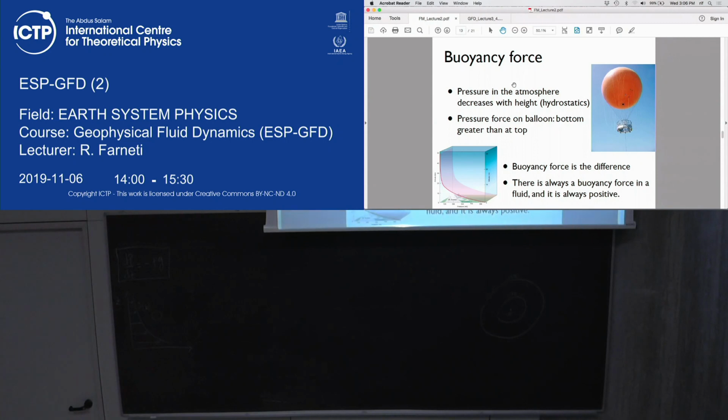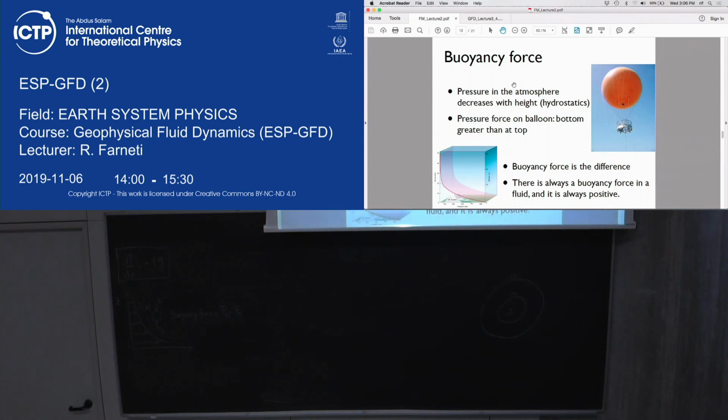And what is buoyancy force? The buoyancy force is the difference between the pressure here and the pressure there. The pressure at the bottom is greater than the pressure at the top, so that the buoyancy force is going to be equal to the pressure at the bottom minus the pressure at the top, because pressure varies with height.